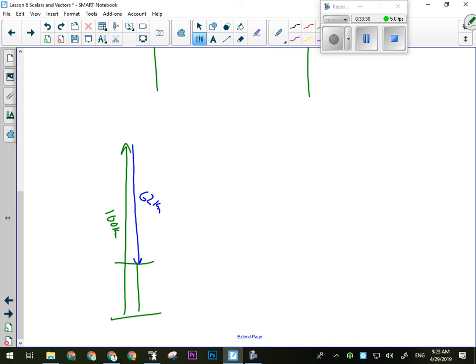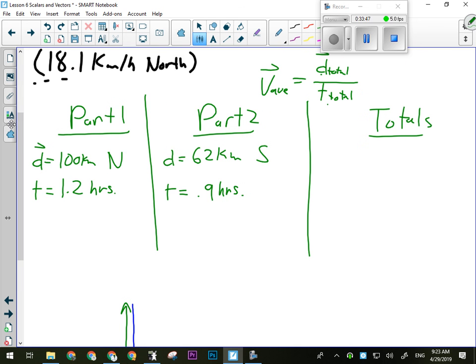Here's where I started. That distance there is 38 kilometers north of where I started. Okay, so I'm going to write over here that my total displacement is 38 kilometers north.